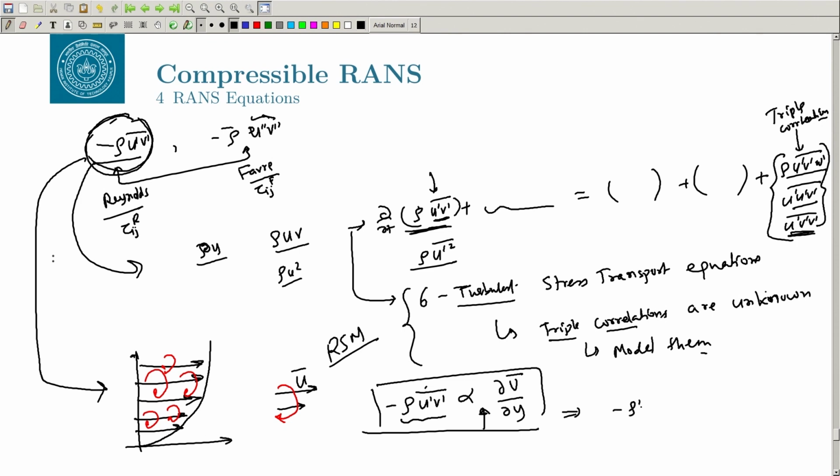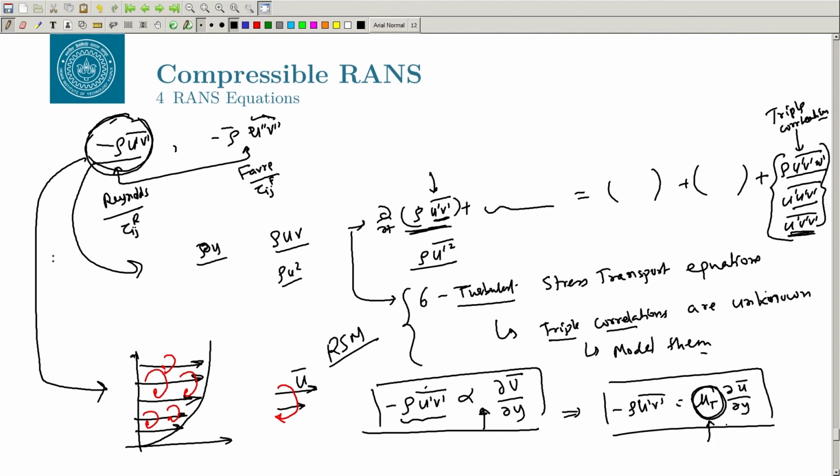So minus rho u prime v prime bar is equal to mu t del u bar by del y. We had 6 unknowns, and we actually changed all the unknowns to just one variable, which is mu t.